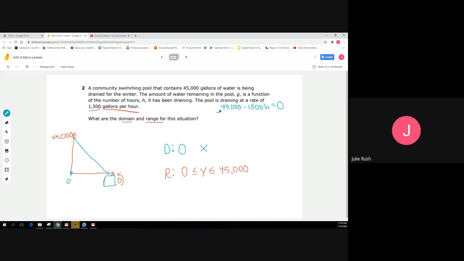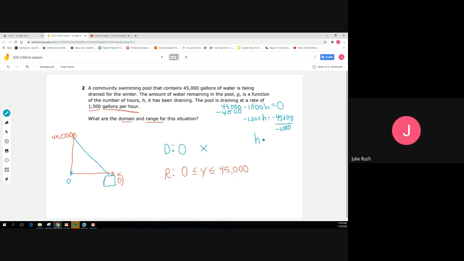So I'm going to subtract my 45,000 on both sides, which means negative 1,500H is equal to negative 45,000. I'm just moving it over to the other side. And then I'm going to divide this by negative 1,500.